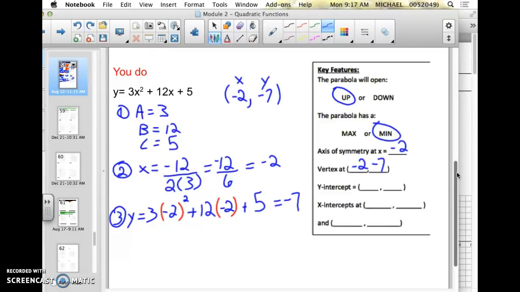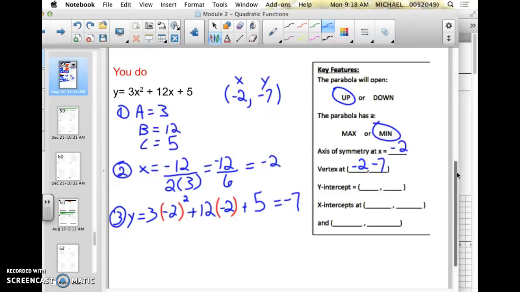So the x value is negative 2, and I got the y value to be negative 7. Please check your work with mine. If you have any questions, please raise your hand or check with a neighbor. Because the a value is positive, I know it's going to open up, and that means the parabola has a minimum. Again, the axis of symmetry is negative 2, and the vertex is at negative 2, comma negative 7.